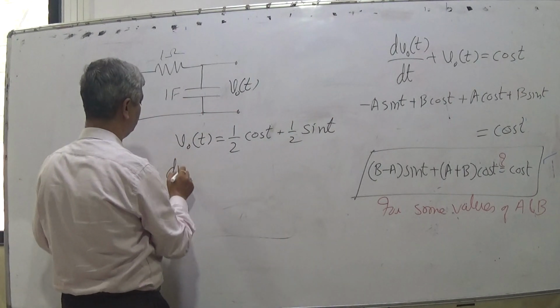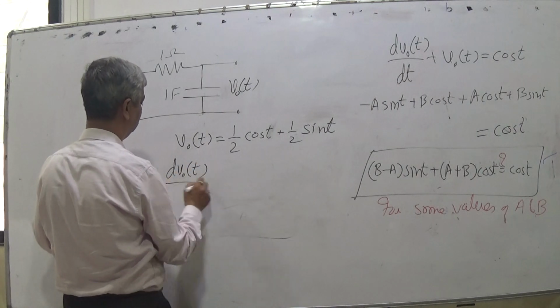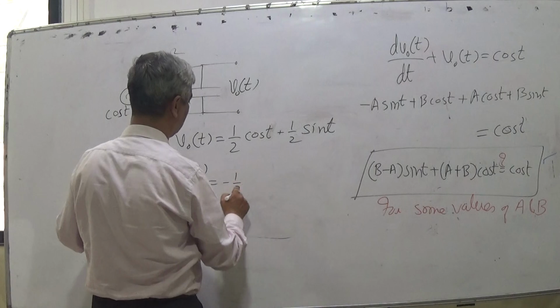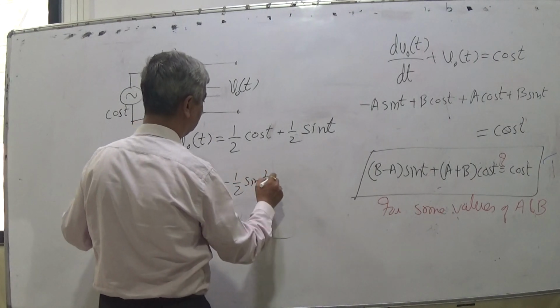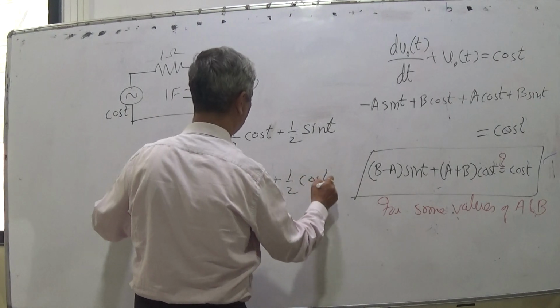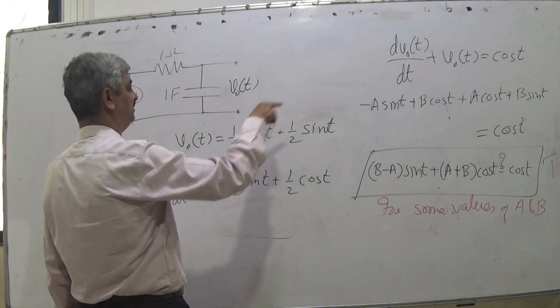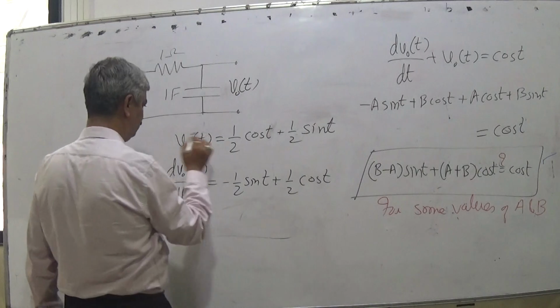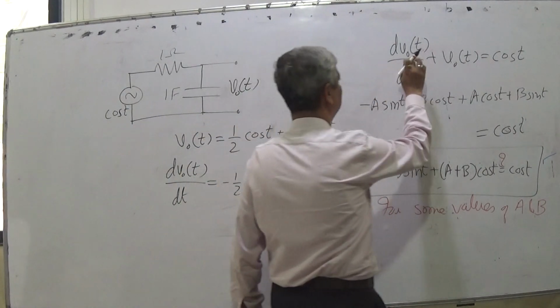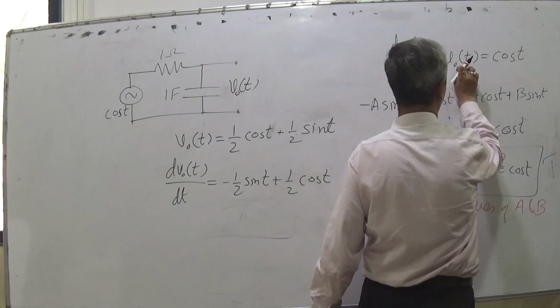Then dVOT by dt is equal to minus half sin t plus half cos t. And what is the differential equation? Differentiation plus VOT equal to cos t.